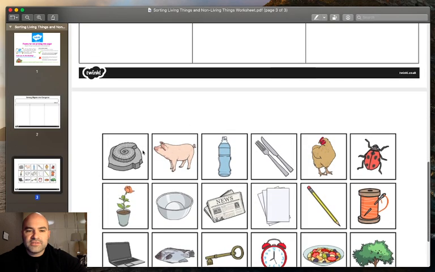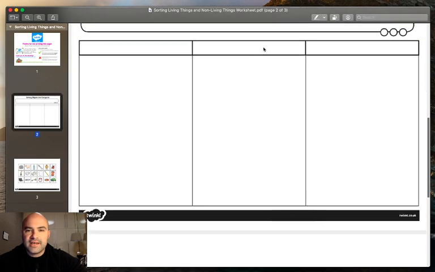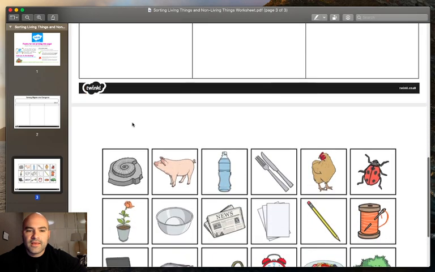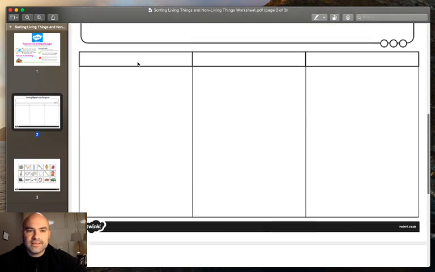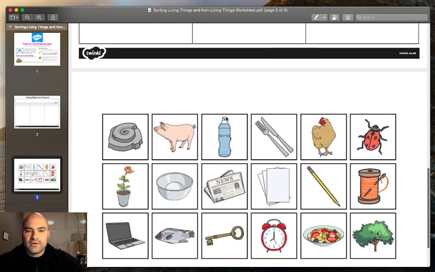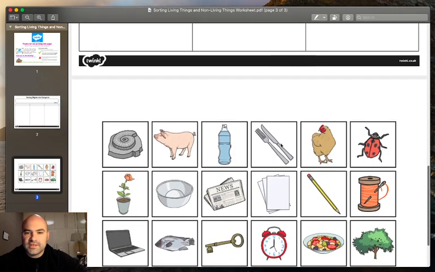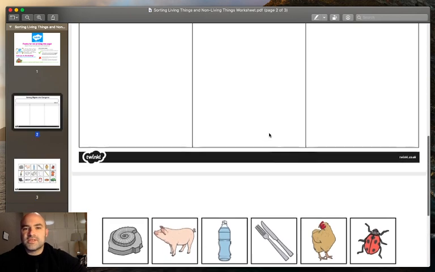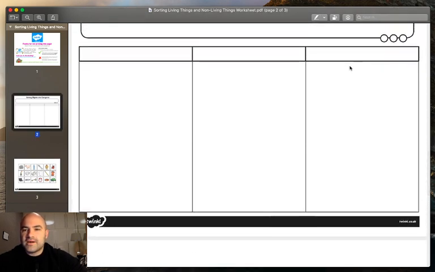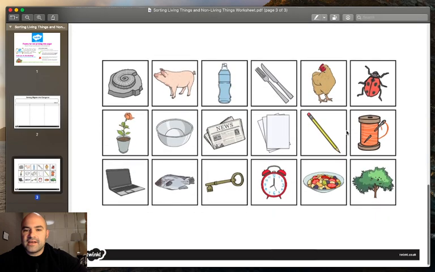So we have a fossil, which is not alive. So it is over here. Pig is alive. We have, what are those? Forks and knives. So we have silverware. Silverware are in not alive.